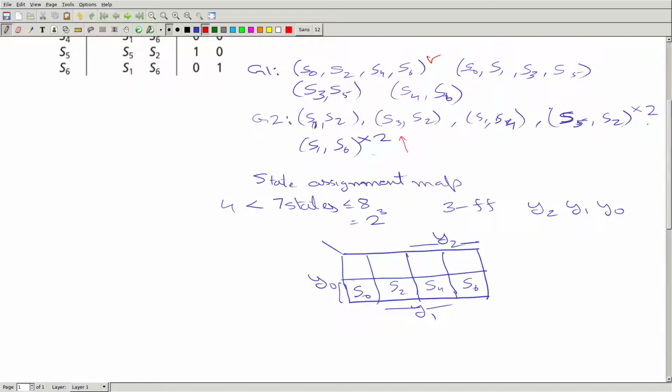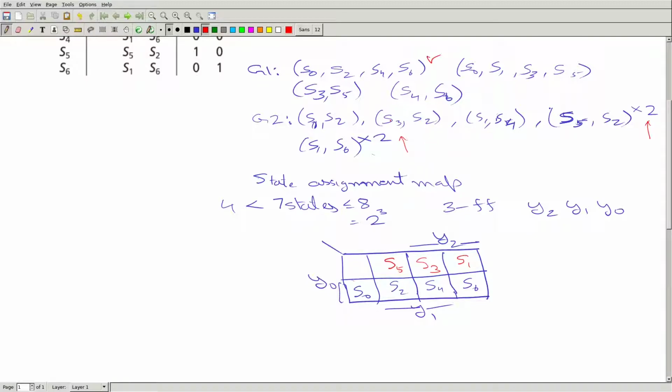These occur more than once, so these are higher priority groupings, so we group them by putting an S5 here and S1 here. So now we can group these 2 here. And then we have S3 remaining, which we can put either here or here.